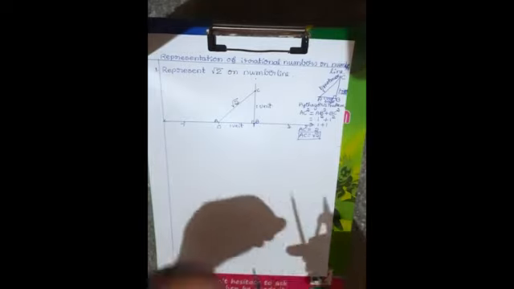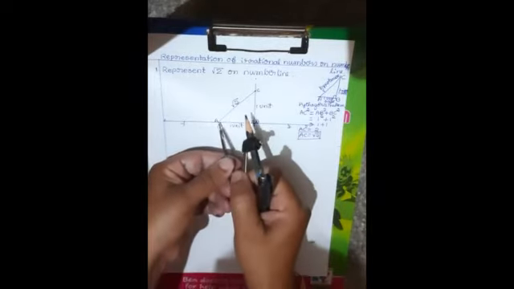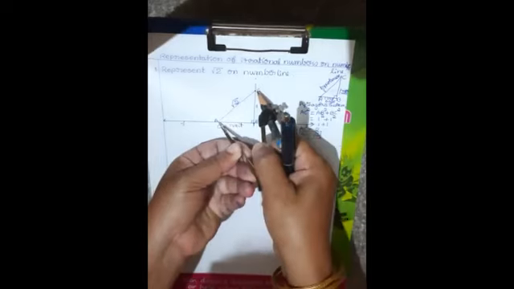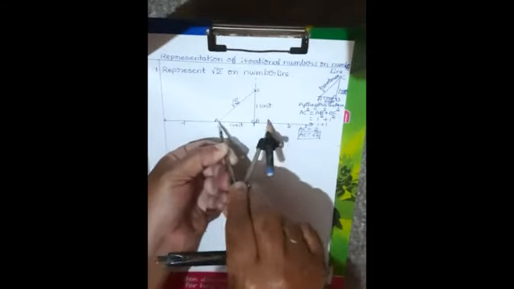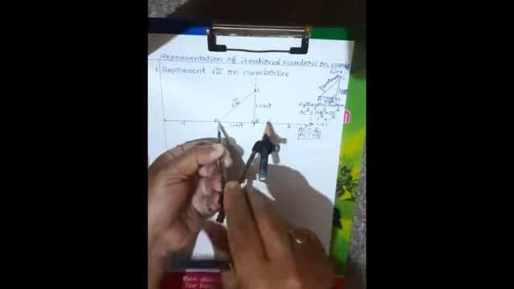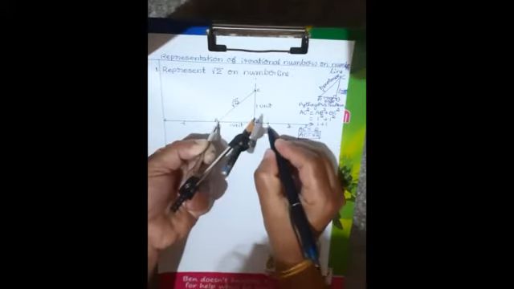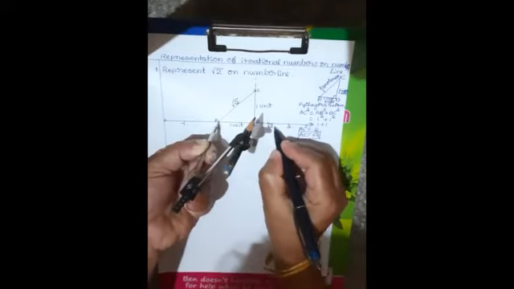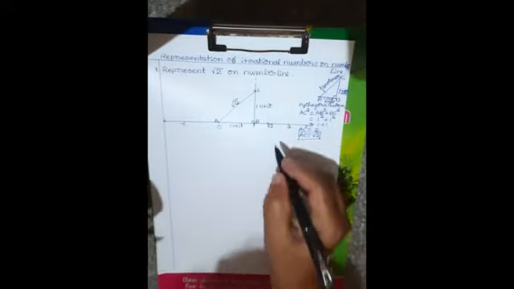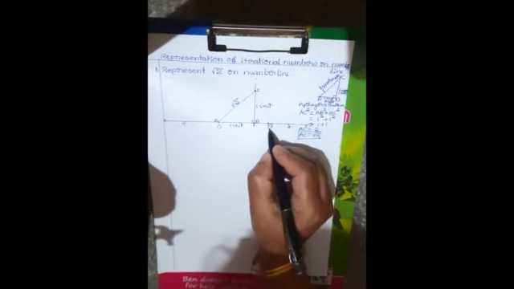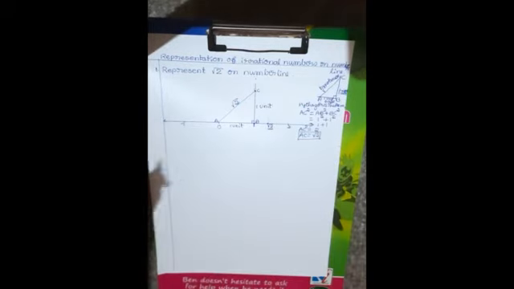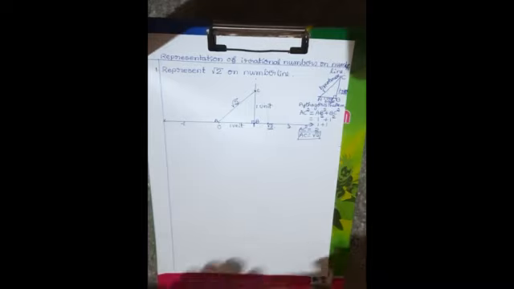Now with A as the center and AC as the radius in your compass, cut an arc on the number line. This is also root 2. So this is square root of 2. In this way we can locate square root of 2 on the number line. Did you get this? Okay, complete it.